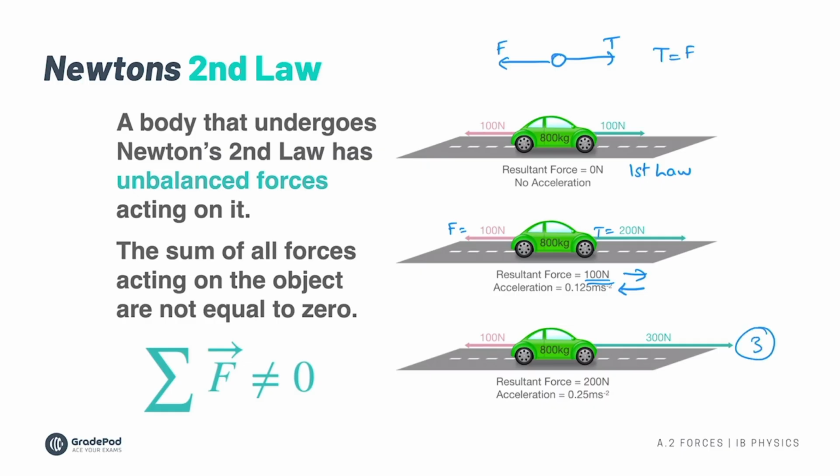Similarly, in this third situation, we have 300 newtons going to the right, 100 newtons of friction. The resultant force is 200 newtons, and that resultant force causes an acceleration. The sum of all forces acting on the object is not equal to zero.